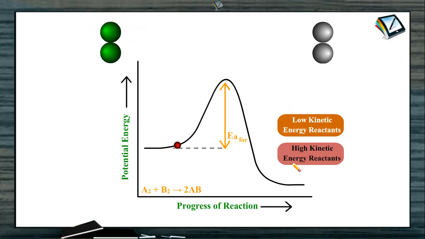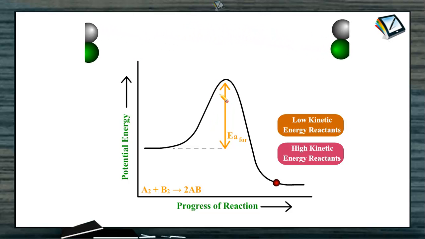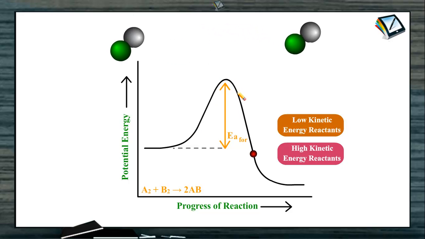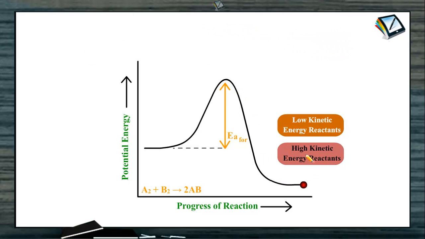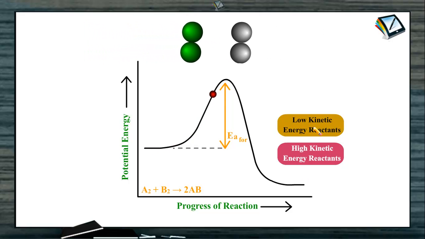But see this case: whenever the reactant molecules possess high kinetic energy, or the required amount of kinetic energy, they cross the energy barrier, and that results in the formation of the products. See here, products are formed. If you want, you can again see the first one. This is the case where the reactant possesses low kinetic energy.